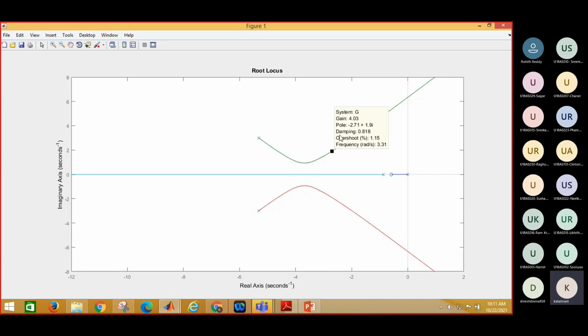If we increase the amplifier gain value, my damping will be reduced. See here, my damping goes to 0.226 if I have a gain value of 13.9. Therefore, we need a higher damping value, because with higher damping we have lesser overshoot. Therefore, we keep the damping almost 0.7 or higher than 0.6.